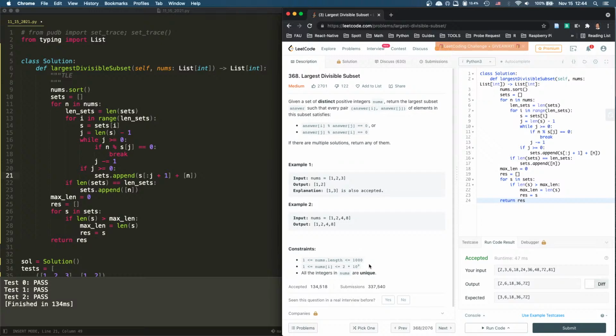And I have 3 again, well, 3 is already there. And then 9, 18, 36, 72. So these are all the factors.